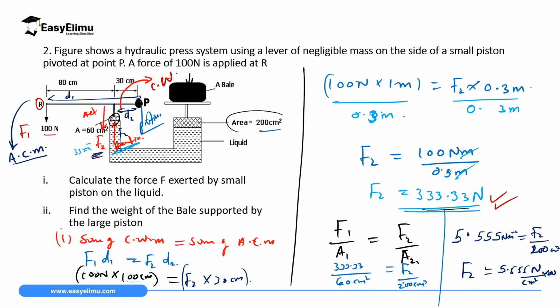In this case, centimeter square will cancel, then we will remain with 5.555 times 200, which is going to give us 1111.1 Newton. So F2 is going to be 1111.1 Newton.